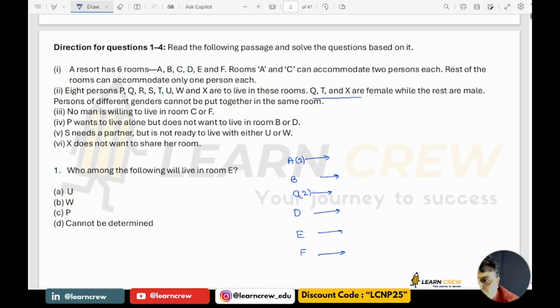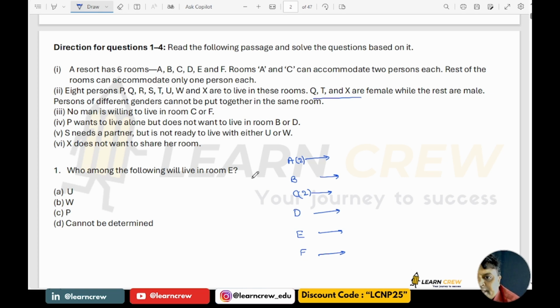In 2 rooms, you can have 2 persons each, and in the remaining 4 rooms, one each. A and C have 2 persons each.